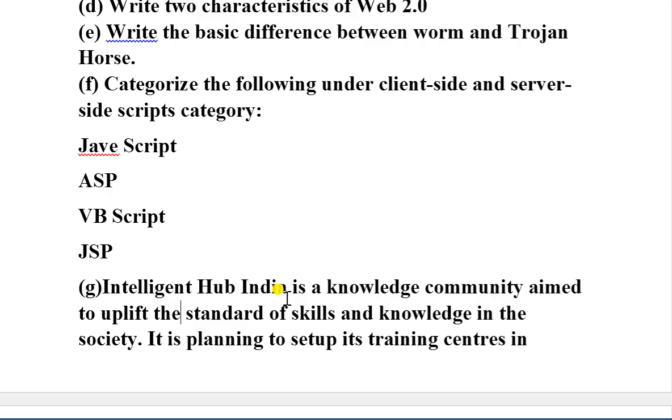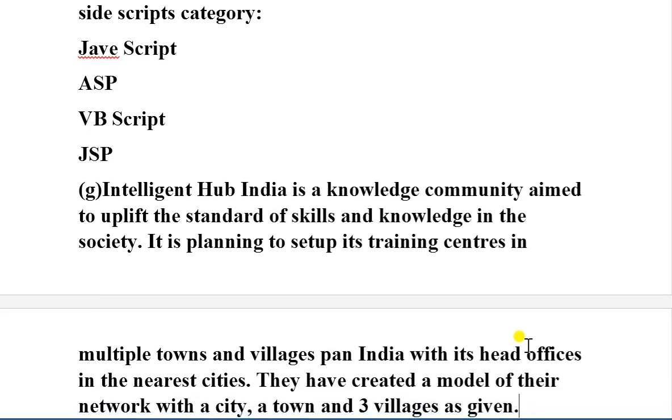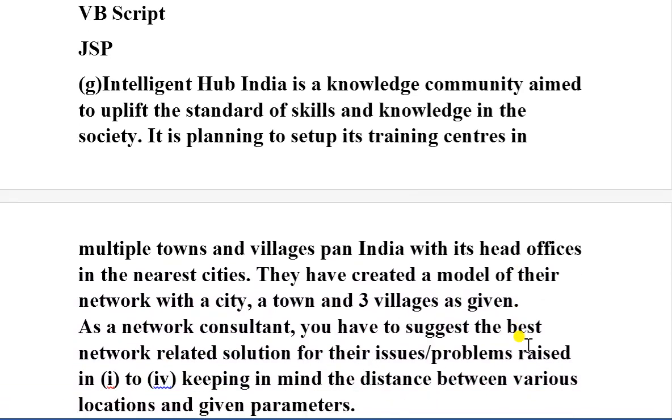The Intelligent Hub India is a knowledge community aimed to uplift the standard of skills and knowledge in the society. It is planning to set up its training centers in multiple towns and villages pan India with its head offices in the nearest cities. They have created a model of their network with a city, a town and 3 villages as given.